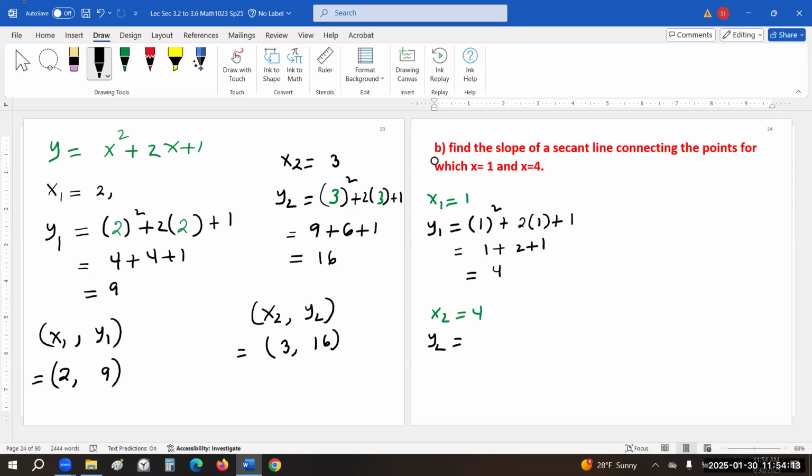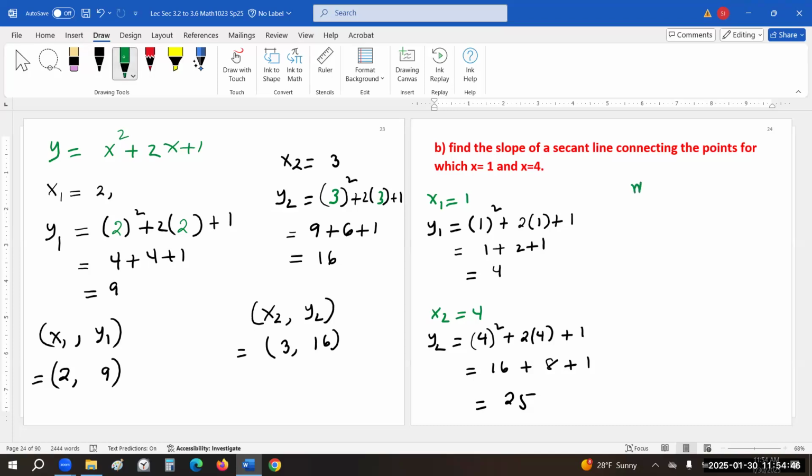Perfect. Danielle, can you help me find y2? X2 is 4. 4 squared plus 2 times 4 plus 1, which is 25. Perfect.